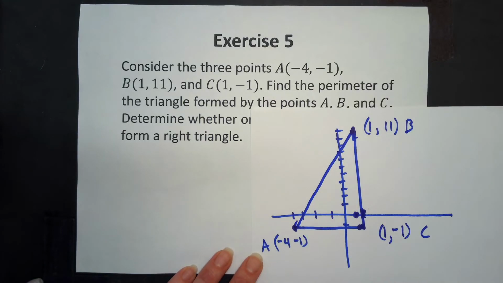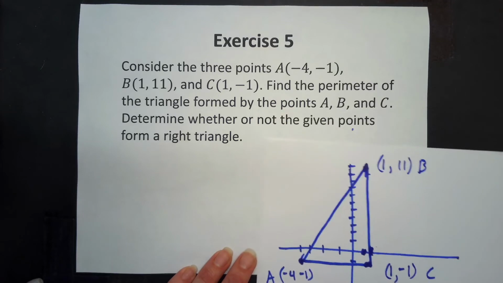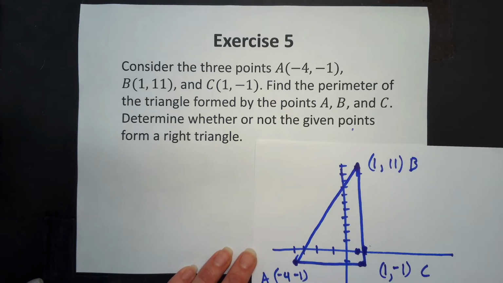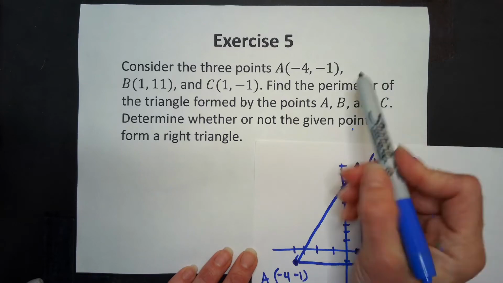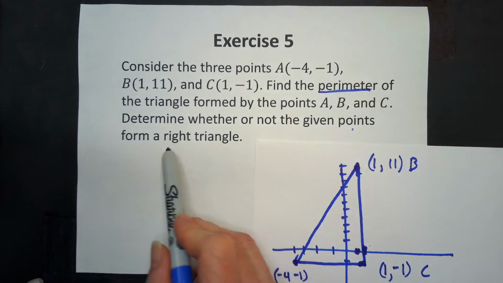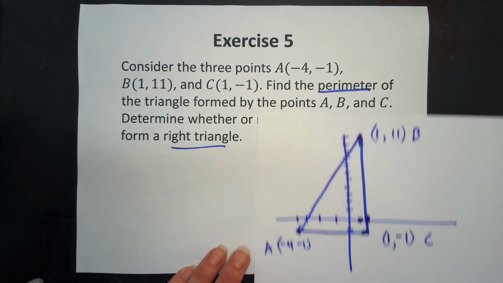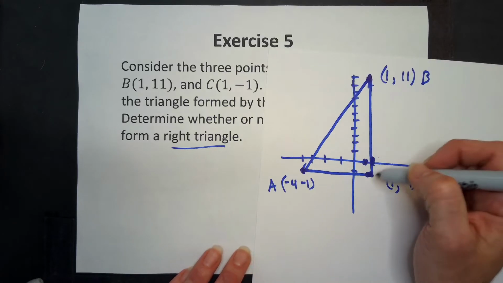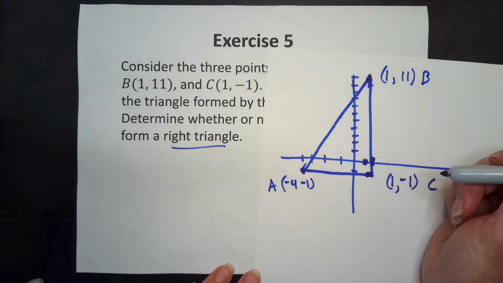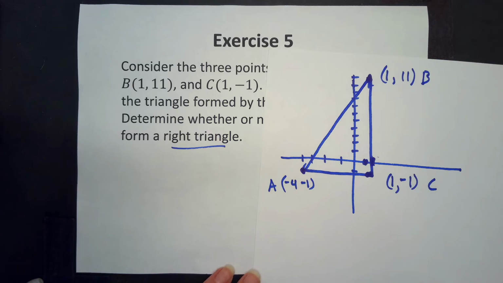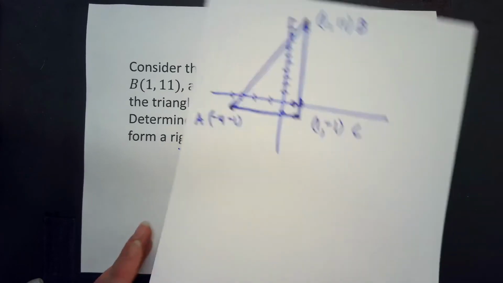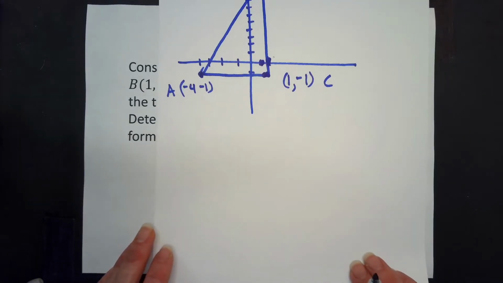Anyway, so this is my triangle, and they want us to determine whether or not the given points form a right triangle. It says also find the perimeter and whether it's a right triangle. So those are the 2 things we're looking for. As we can see, it looks like a right triangle, but we need to make sure it satisfies the right triangle definition. So I'm going to need to find a couple of distances.